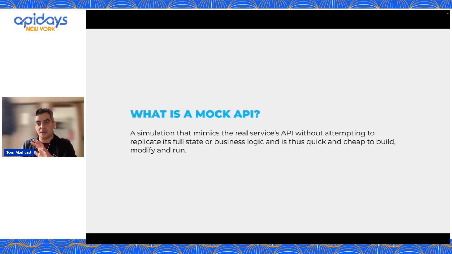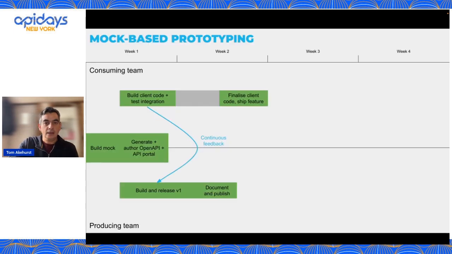Incidentally, I think mocking is generally seen as a test and development support tool primarily. And what I'm going to talk about is really using it as a prototyping tool, which is maybe a lesser used technique for it, but I think a very powerful one. So anyway, this is what I'm going to refer to as mock-based prototyping.